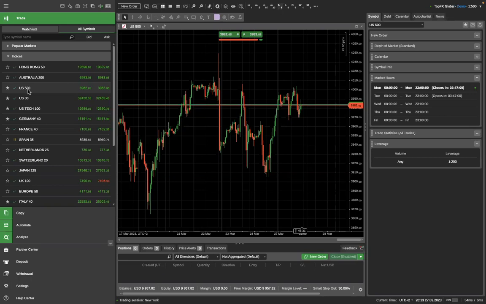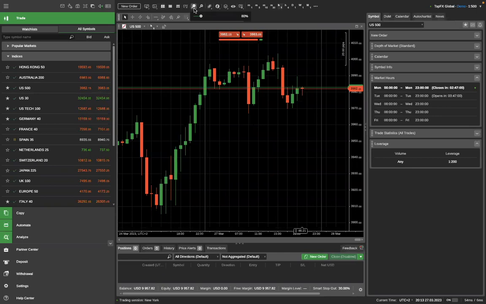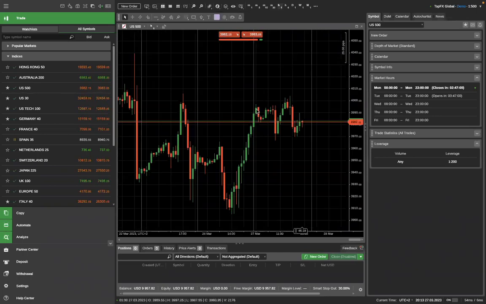So if the US 500 is going up, for example, let's say this is a 1 hour chart, US 500. If we see the US 500 trading up, we can say that the risk on mode for the financial market is now in progress, which means that traders are buying various stocks, which is why their value is rising, which is why this index is going up.